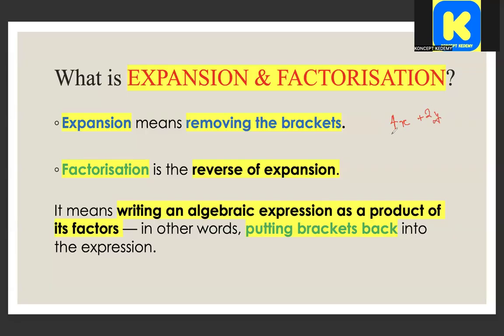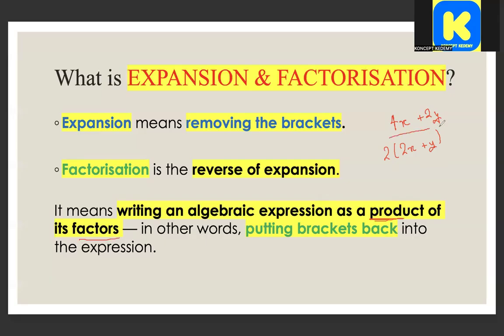We can see that the coefficient of x and the coefficient of y are both divisible by 2, so we can take 2 as a common factor. If I take 2 outside, this becomes 2x and this becomes y. This is also a specific method to factorize an algebraic expression, which we are going to learn. That means writing an algebraic expression as a product of its factors.